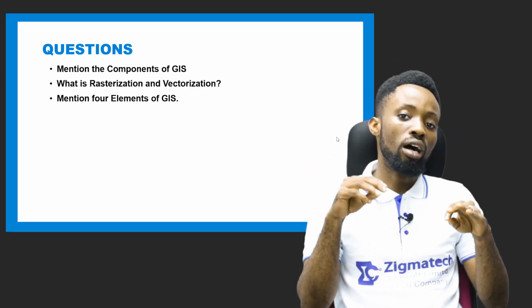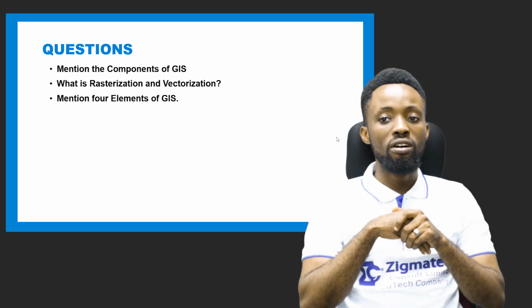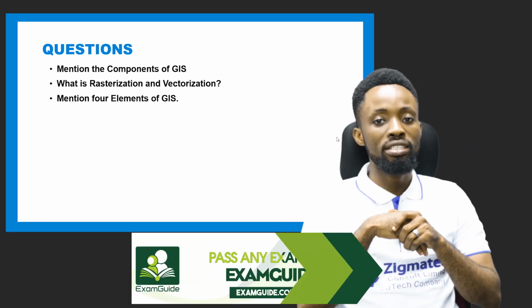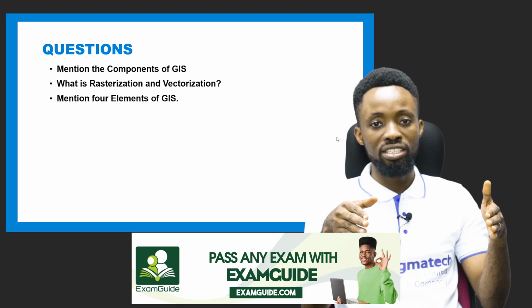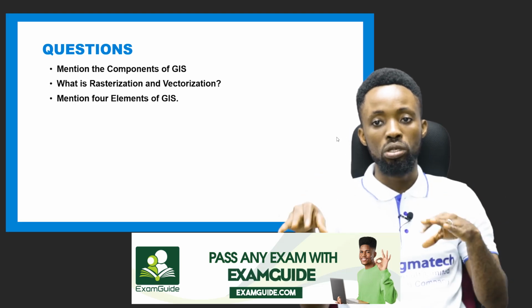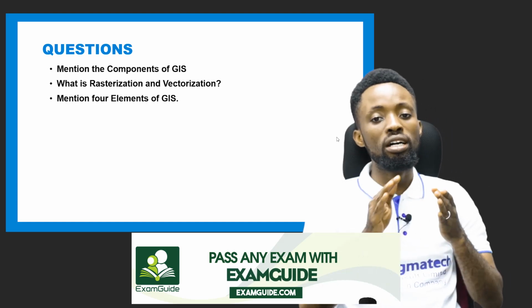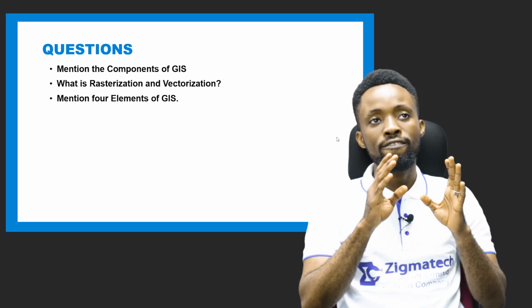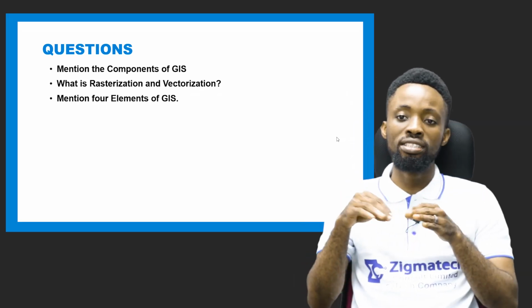Now, the second question says, what is rasterization and vectorization? Now, we can say that rasterization has to do with the conversion of a vector data to a raster data.